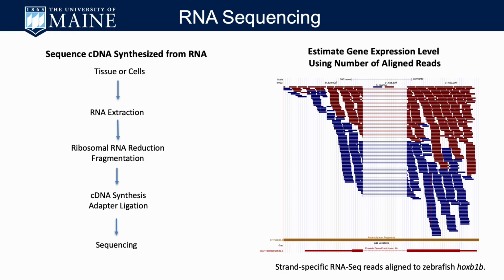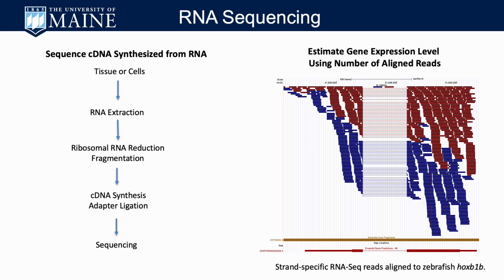RNA sequencing is a powerful tool to allow us to study genes and genomes. RNA, of course, are transcripts. When a gene is expressed, a transcript or a mature messenger RNA is expressed. And RNA sequencing allows us to identify the sequence of that entire transcript.